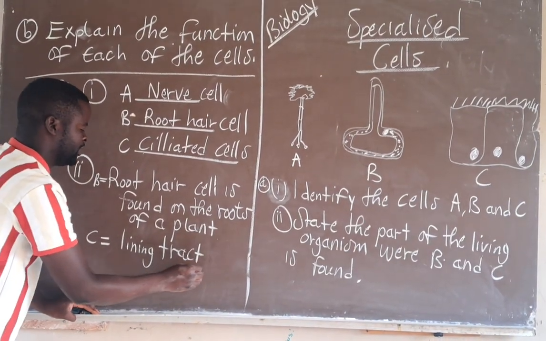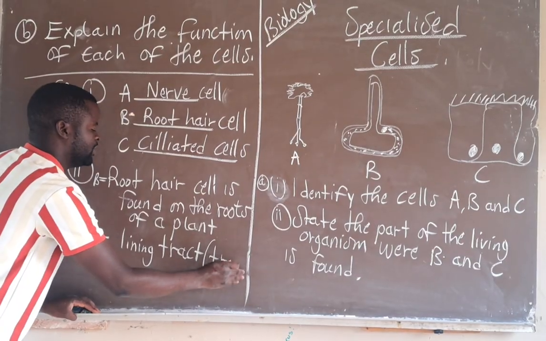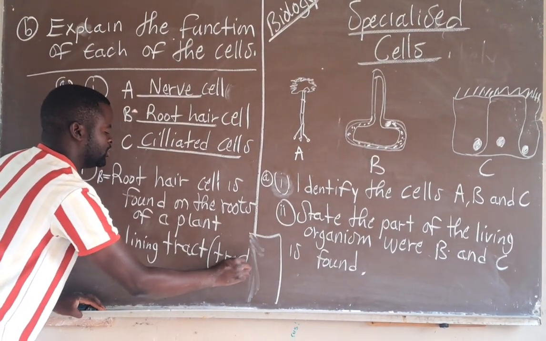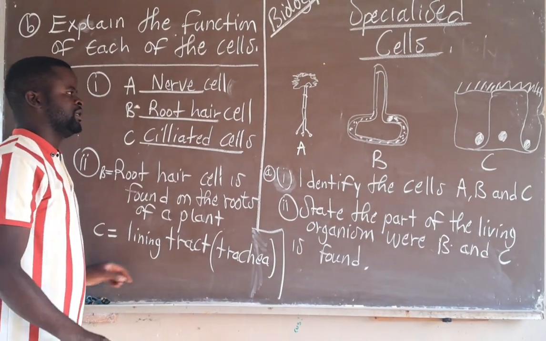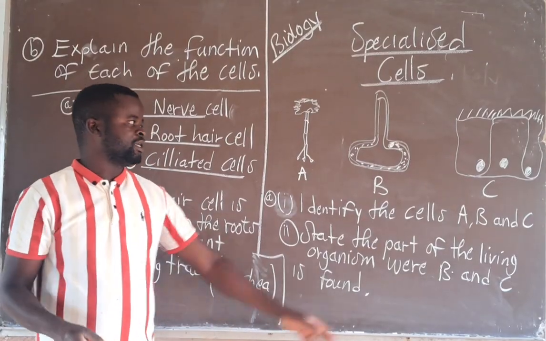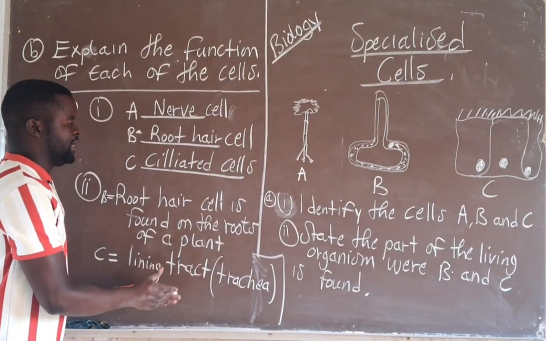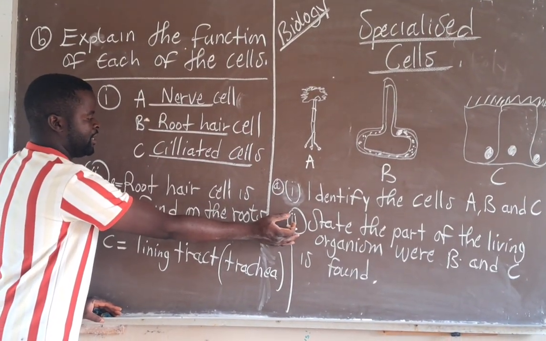To be specific, they can be found in the trachea, in the lining of the trachea. So we can find these ciliated cells in the trachea or in the lining of the respiratory tract.